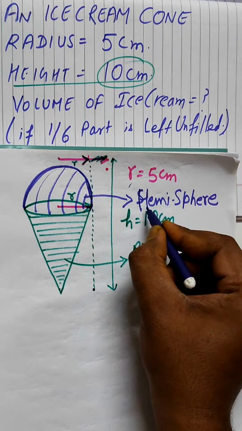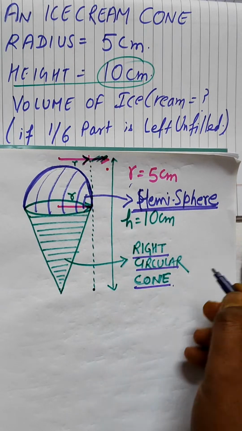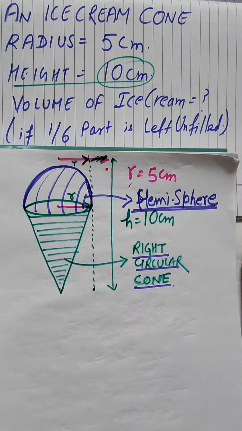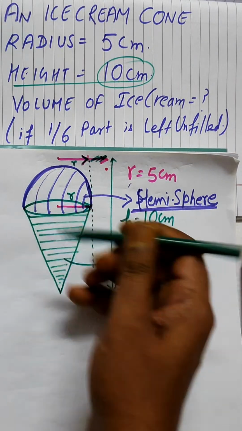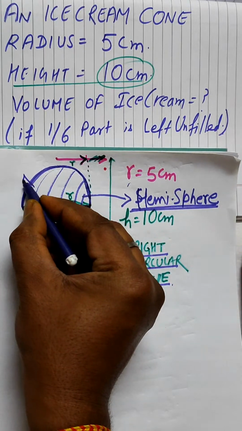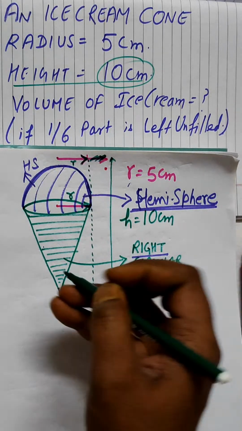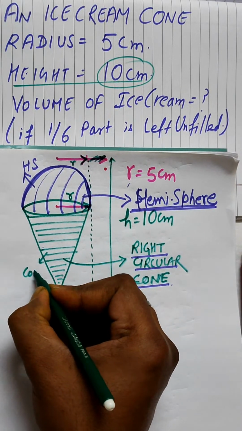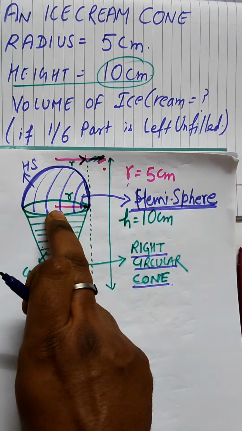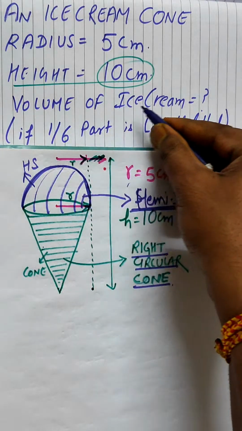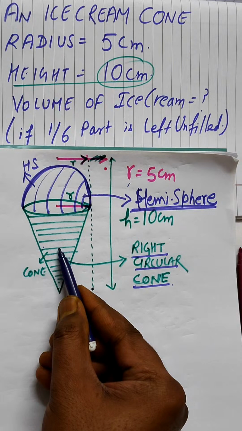So one is hemisphere and another is right circular cone. This part is hemisphere and this part is cone. The volume of the ice cream will consist of the volume of this hemisphere plus the volume of this cone.